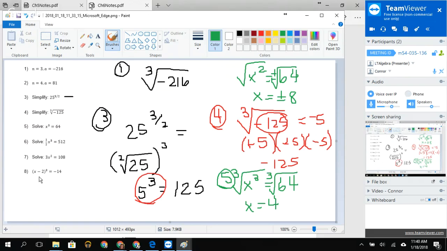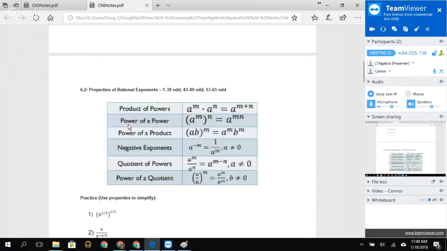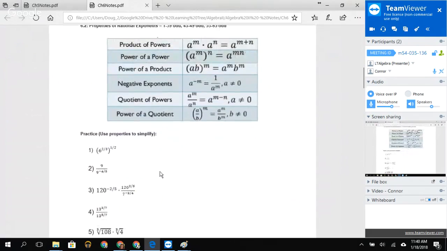What we'll use it for, just to give you a heads up, is that we're working with different kinds of roots here and different fractions in the exponents. And then on Monday, we'll talk about all these different properties that you can do with exponents. So you can see here, for example, if you have 6 to the 2/3 power raised to the 1/2 power, we can actually simplify that using properties and radicals and all that fun stuff.